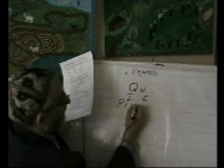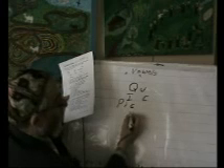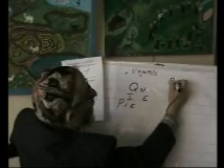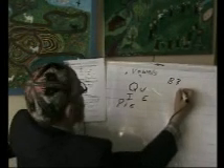We have another rule about the I and about the E, and that is that I always precedes E, except after C. I before E, except after C. This is rule 3 in our lesson.